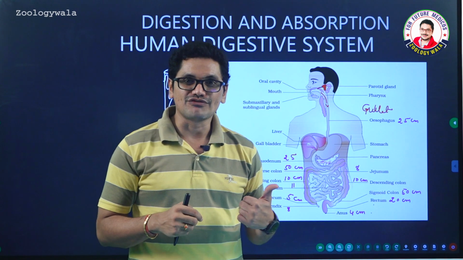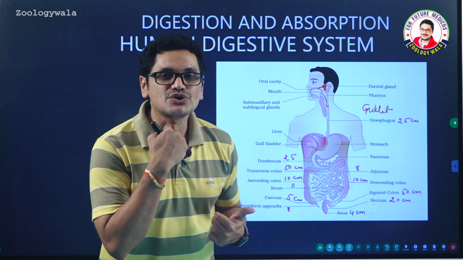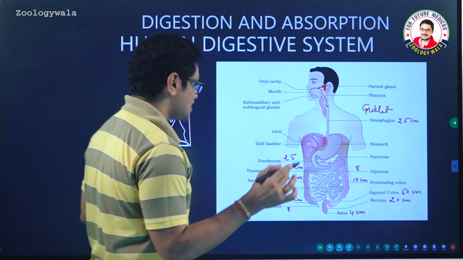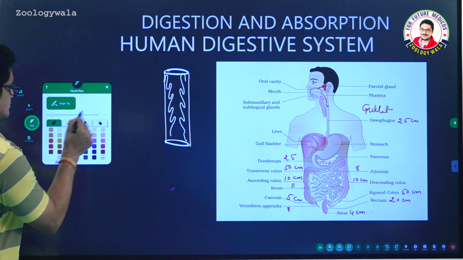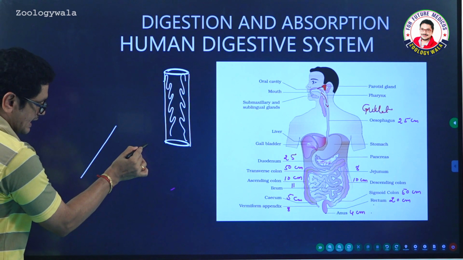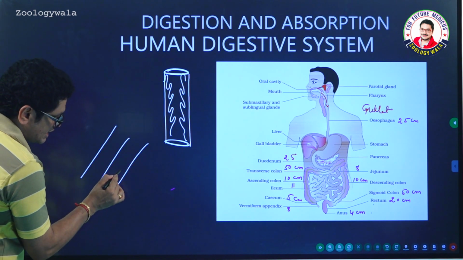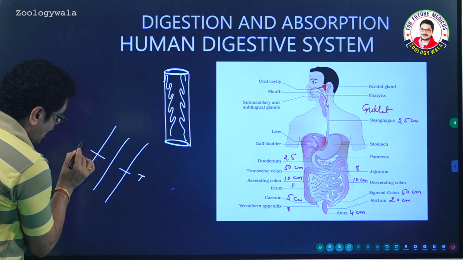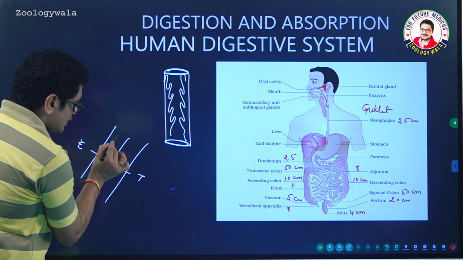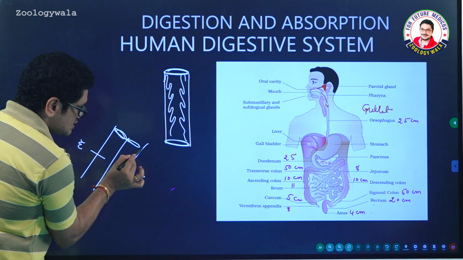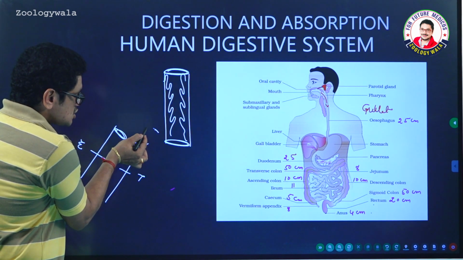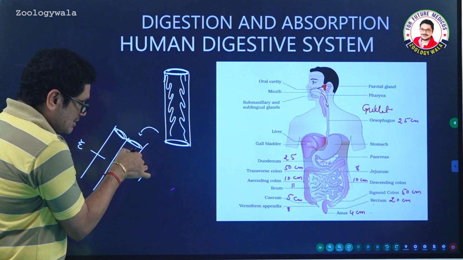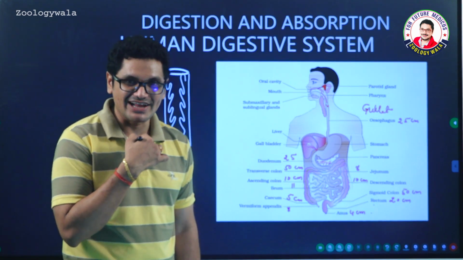Whenever you are swallowing the food material, the food material should not enter into this trachea. Just for your understanding, imagine this is the neck area, this is where the trachea is present, and this is the esophagus, with its beginning portion, and this is the beginning portion of the trachea, and this is the mouth. When you are swallowing, the food material should not enter into the trachea, isn't it?